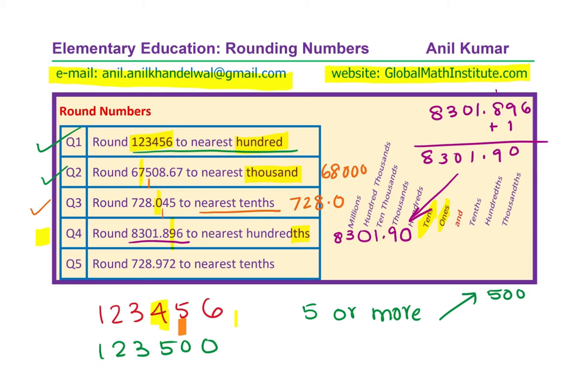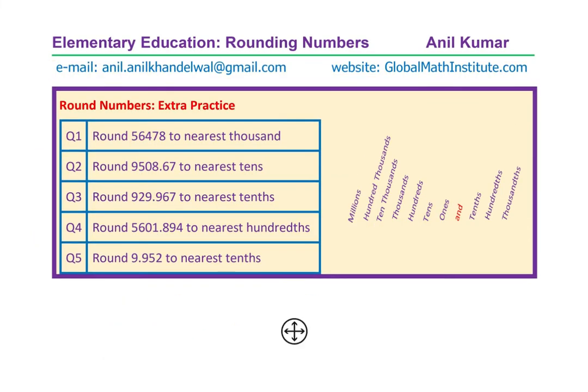I will now leave the last one for you, which is to round this number to the nearest tenths. The tenths position is 9 here. And the number next to 9 is 7, so we have to add 0.1. Add 0.1 and then write down the answer. So I hope you get the answer. Well, I have some more questions for you to practice.